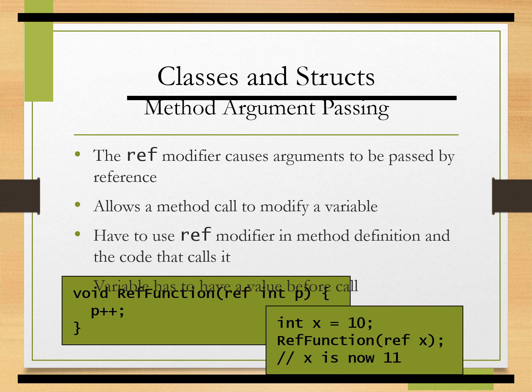If the ref modifier is used, it allows a method call to modify the variable. You have to use the ref modifier in the method definition and in the code that calls it. If you declare int x equal to 10 and call the ref function, x is now 11, once the increment operator is applied.